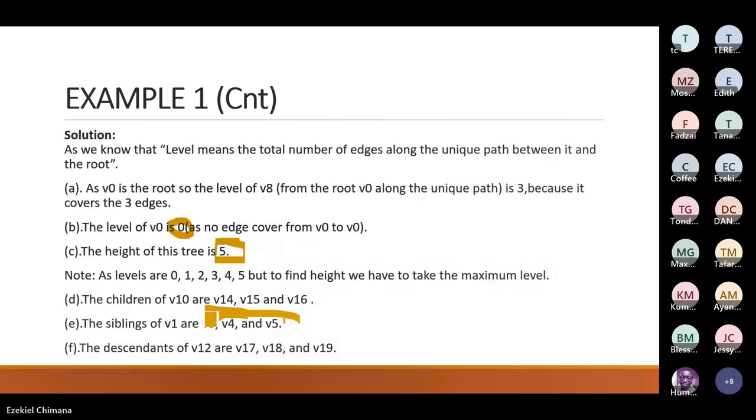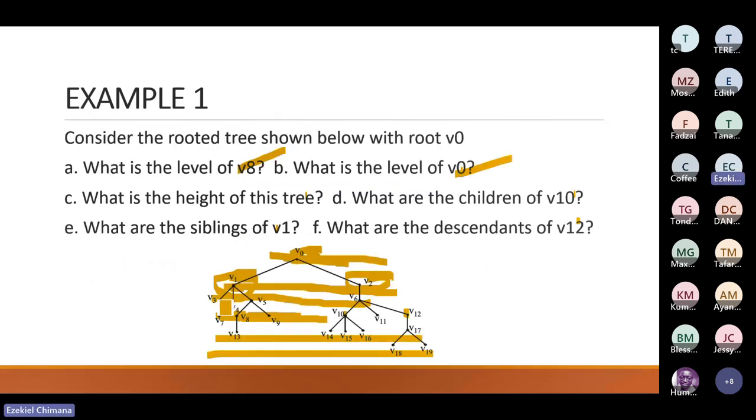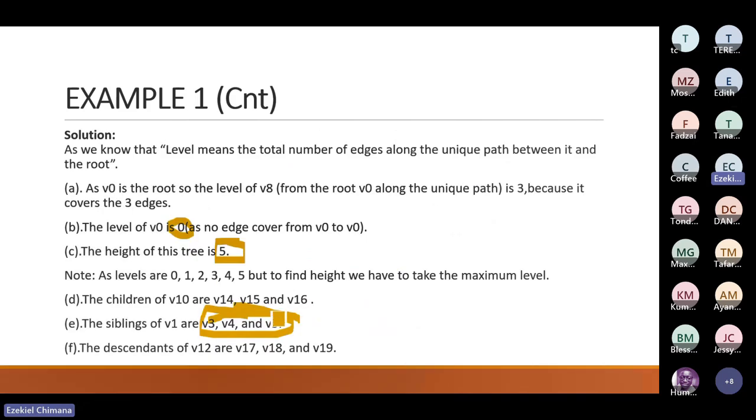No, these ones are not siblings, because V3, V4, V5 are direct children of V1. The sibling of V1 is V2; they are siblings. I'm sure there's an error here, we need to correct this one.